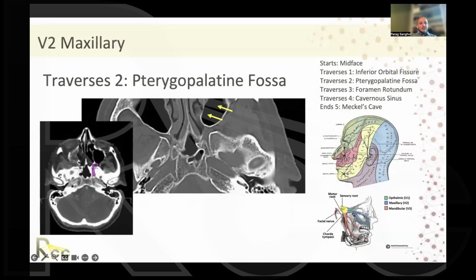And then as you're chasing this foramina, this is on the opposite side, you're typically going to go right along the lateral wall of the maxillary sinus. So it's going to be going right along here. And then you're going to end up right here in the pterygopalatine fossa. Here is foramen rotundum. And then this is the Vidian canal going in.